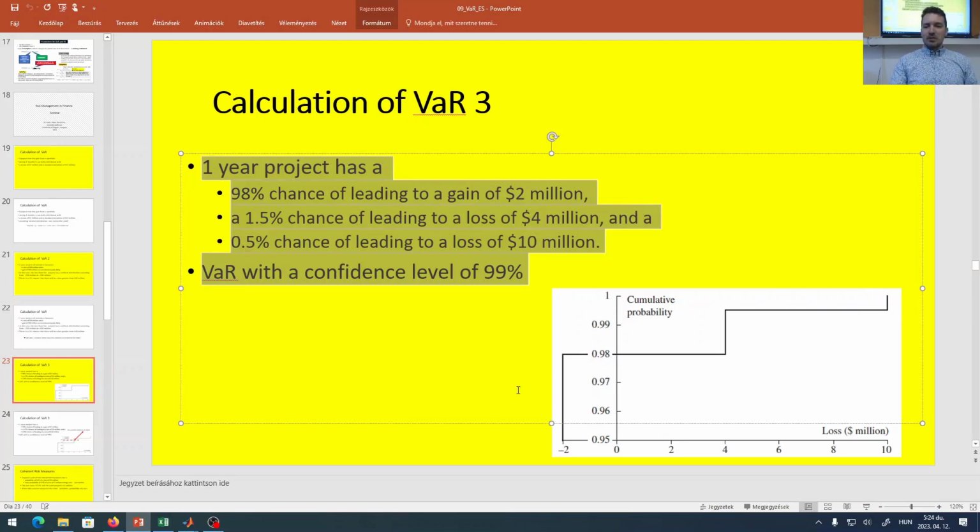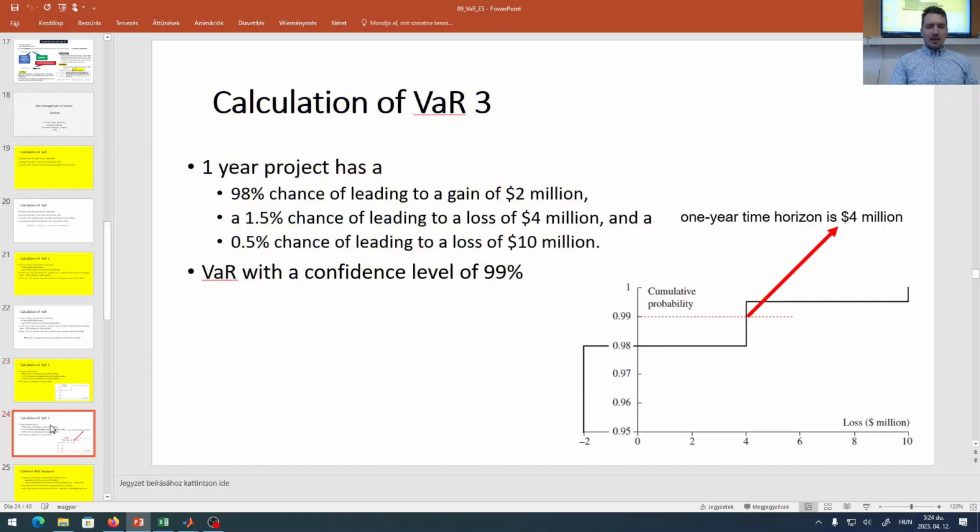So what is the confidence or probable loss here? Practically, graphically we can see that if the confidence level is 99%, so we are allowing 1% of probable losses, then it is 4 million.